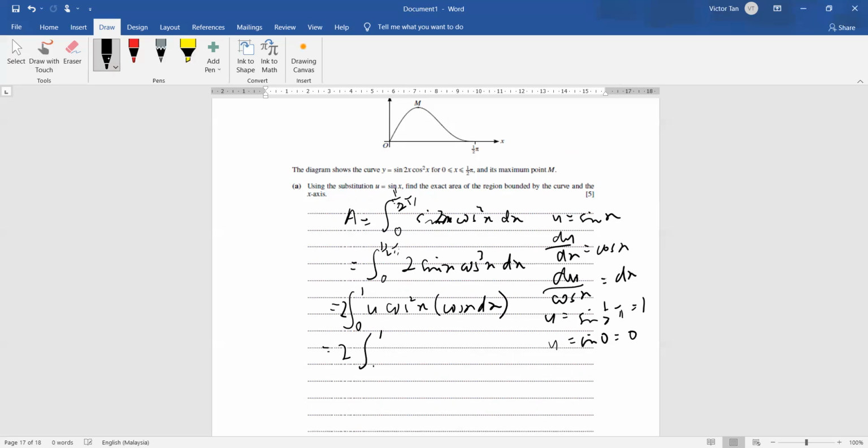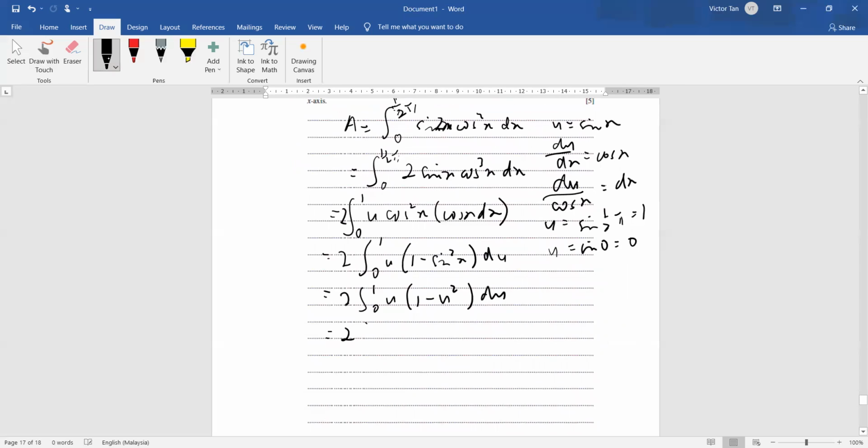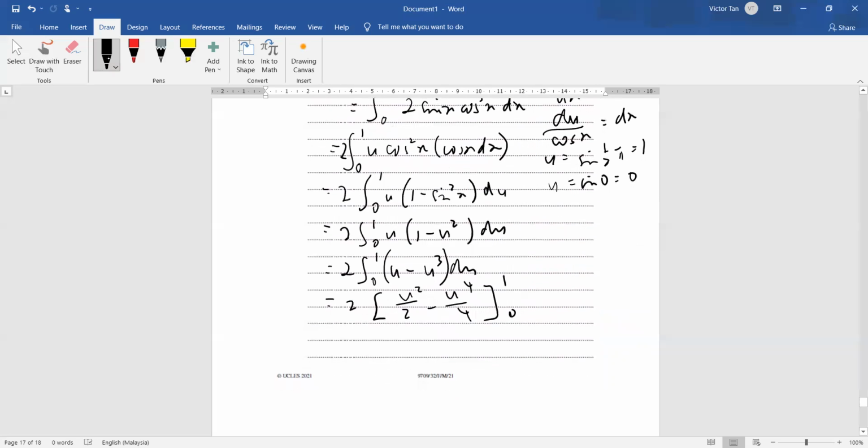So it goes 2, integral from 0 to 1 of u, and cos square x is 1 minus sine square x, and this will be du. 2 integral of u, 1 minus u square du. 2 integral of u minus u cube du. 2 times u square over 2 minus u to the power 4 over 4, from 0 to 1, which is 1 over 4 times 2 is half. That's the solution.